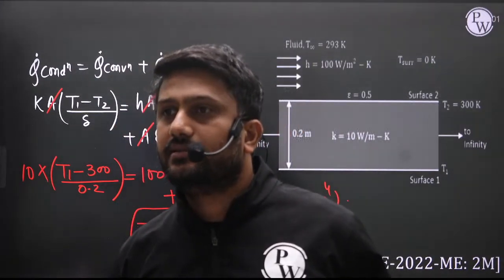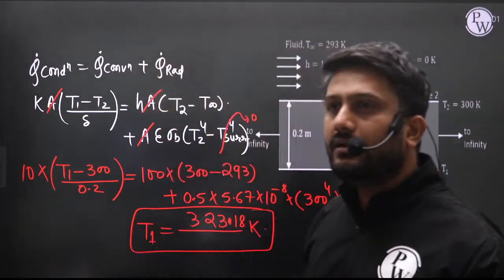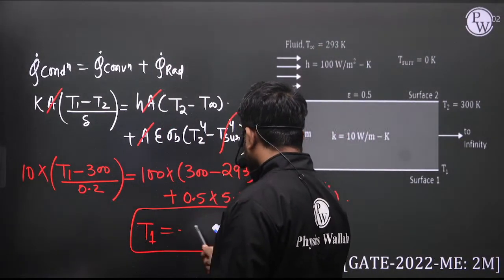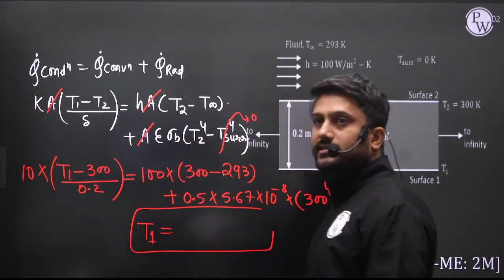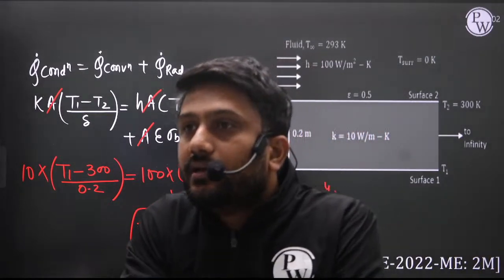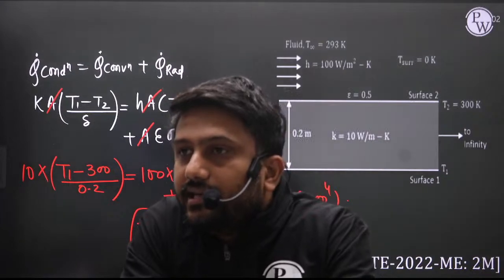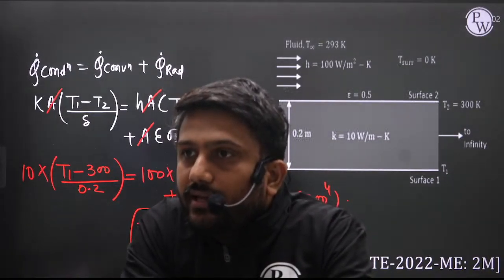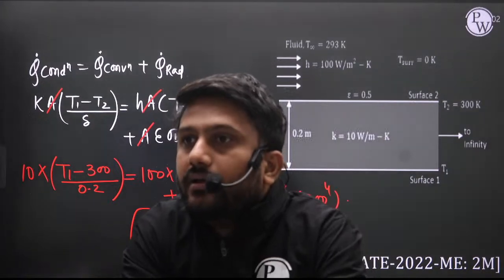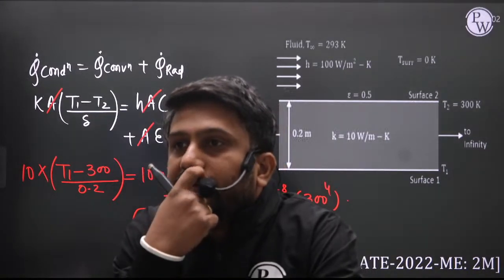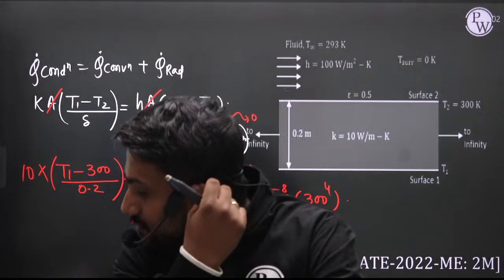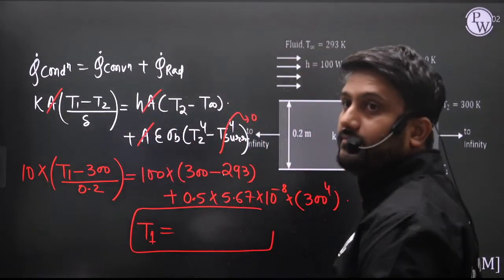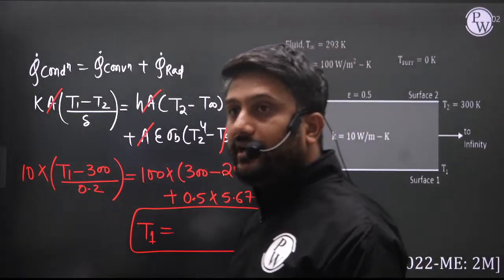Any other answer? 319. Okay, now tell me the exact one, because we have two answers, 323, 319, then there is a 321. 318.59.